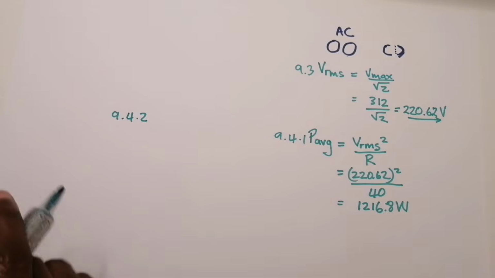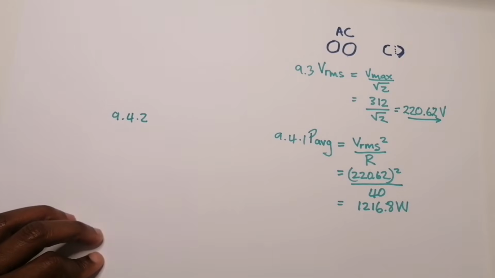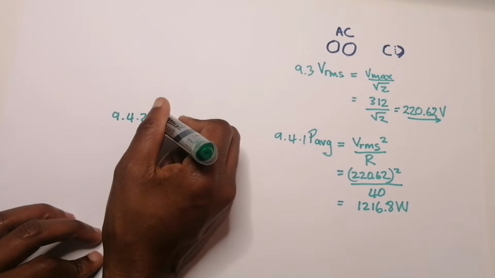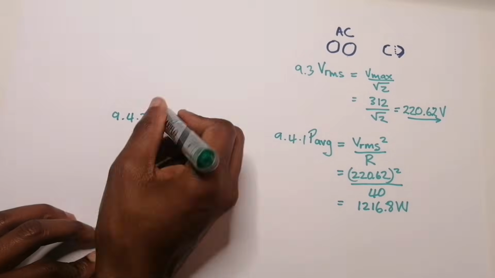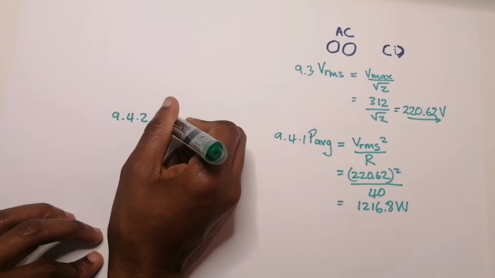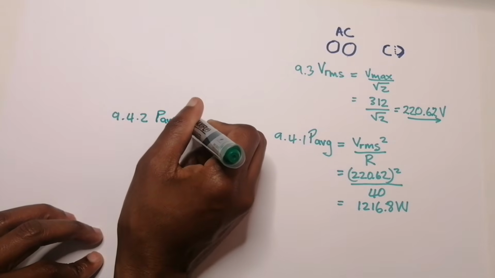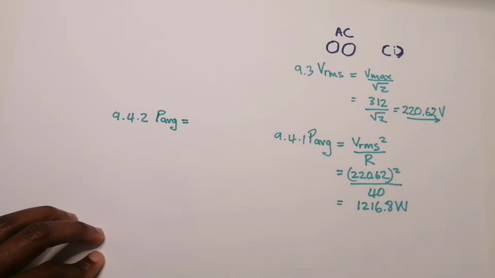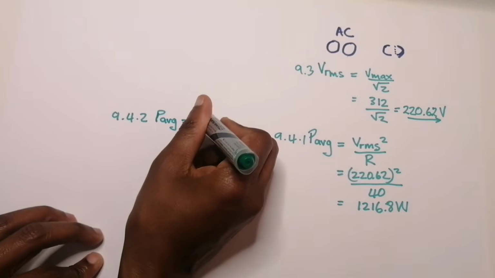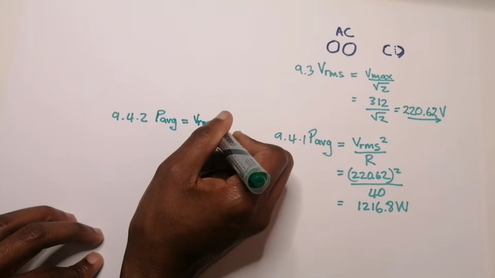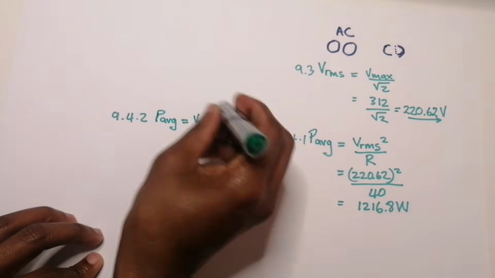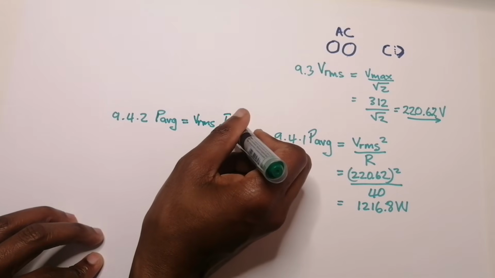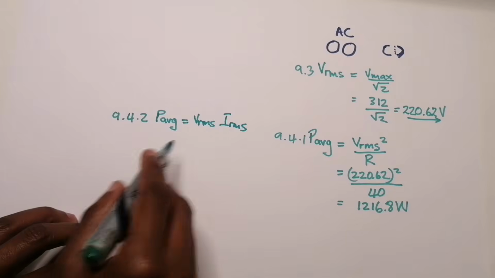Now, is it possible for us to get the RMS current? Of course. So we say P average. We already calculated the average power, isn't it? So we can say it's V RMS, which we already have, multiplied by I RMS, which we want.